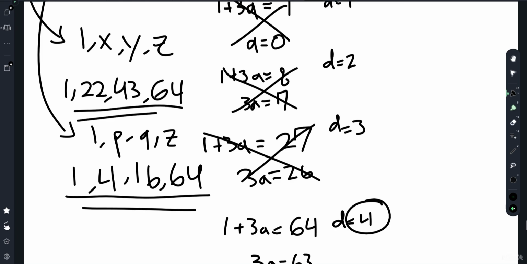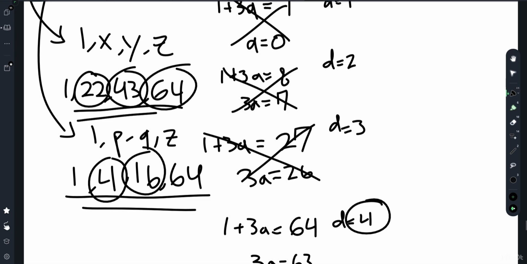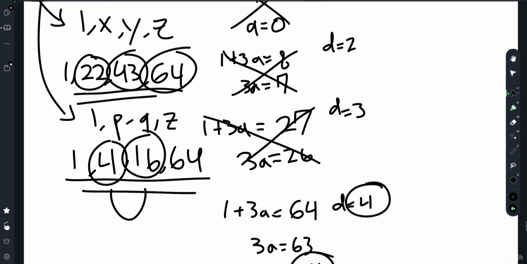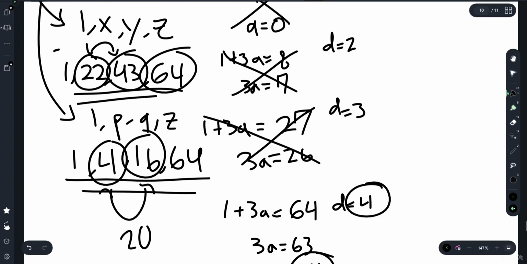Now let's take a sum of X plus Y plus Z plus P plus Q. So this is X, this is Y, this is Z, this is P, and this is Q. Let's add them. We know 4 plus 16 is 20. We know 22 plus 43 is 65.